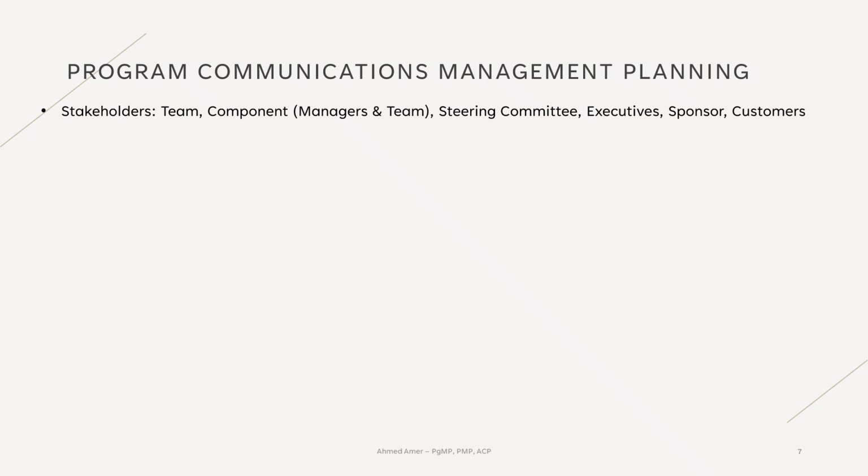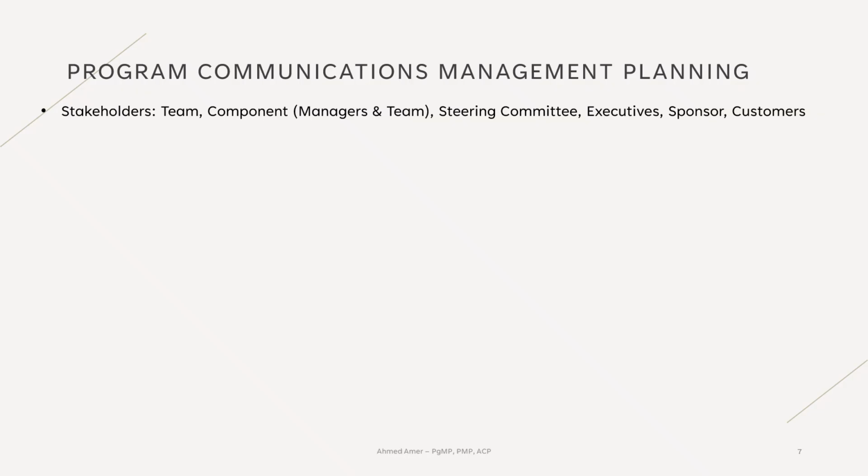If those communication channels are not clear, consistent, and well managed, misunderstandings start piling up. And in a program environment, misunderstandings can quickly turn into delays, rework, or even major risks to benefits delivery.